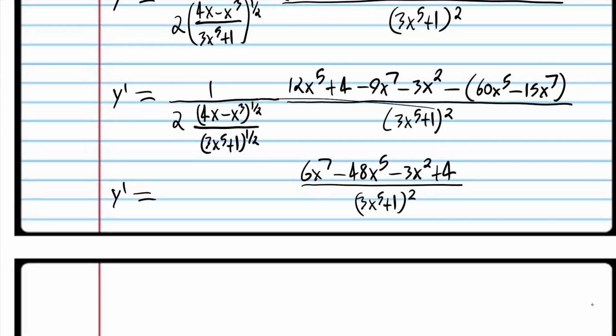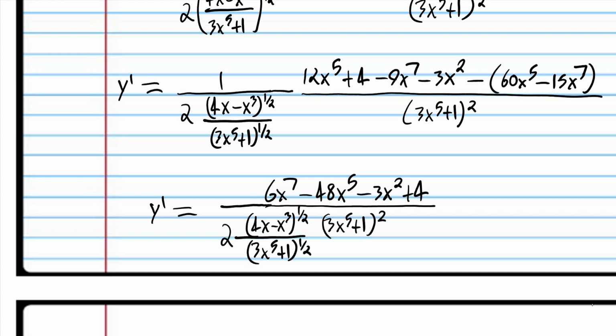Now, again, what we're going to do is just multiply the denominators. So we're going to end up with 4x minus x cubed to the 1/2 power over 3x to the 5th plus 1 to the 1/2 power. And the 2 is still going to be down there.